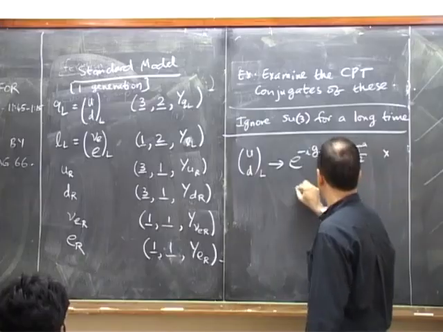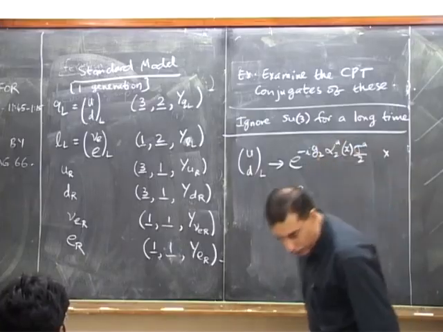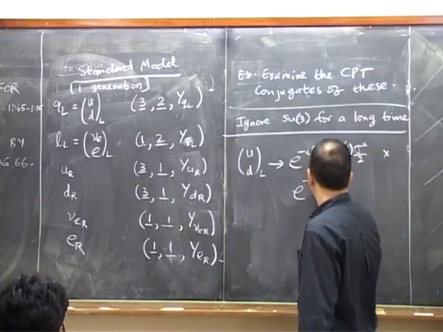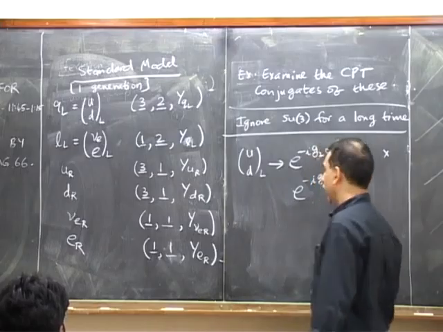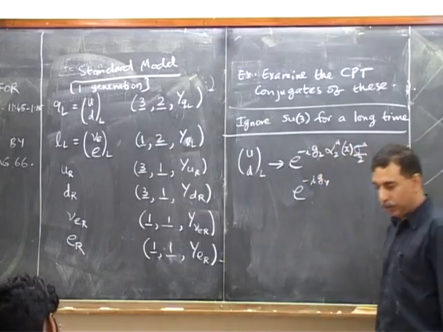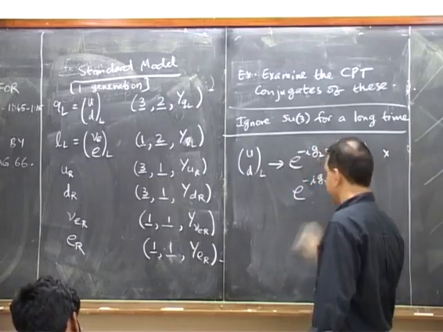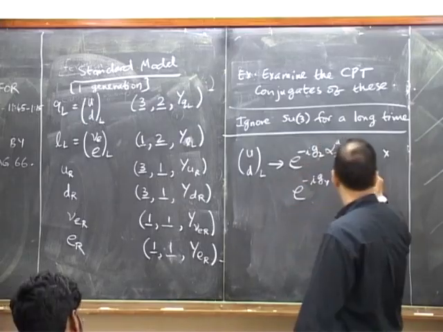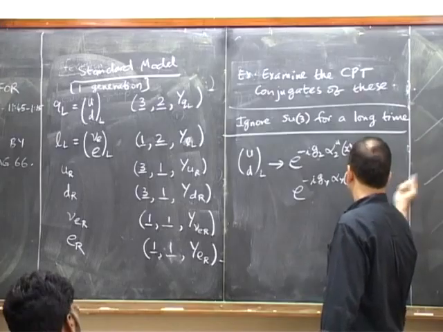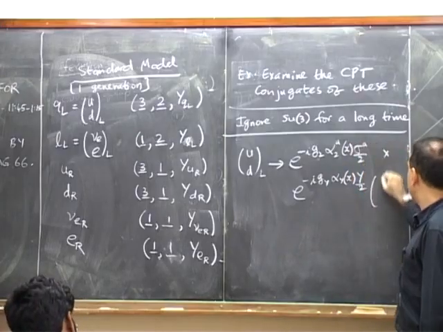In addition, I have to give you a phase which comes from U1, and that is written as e to the minus i g_y, the coupling constant of the hypercharge group, times a parameter, which is the hypercharge gauge parameter, times the hypercharge divided by 2. This is just a convention.